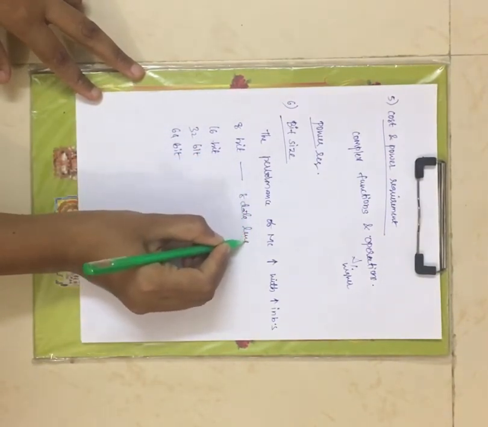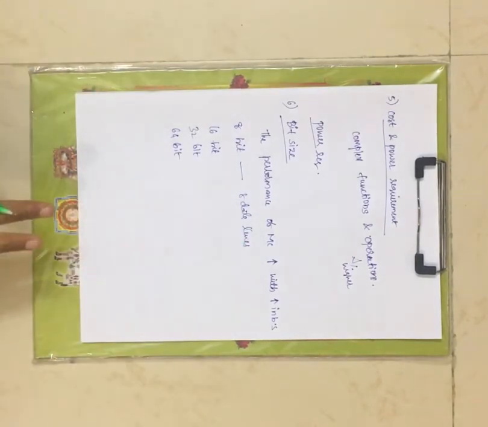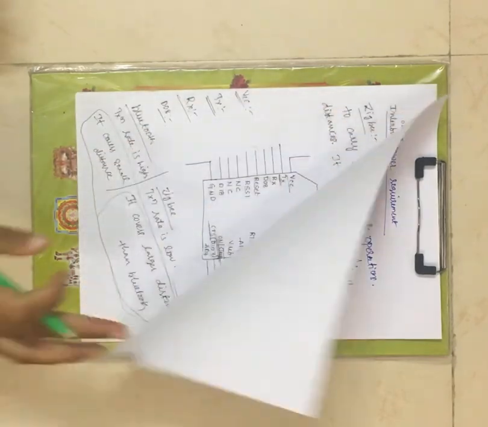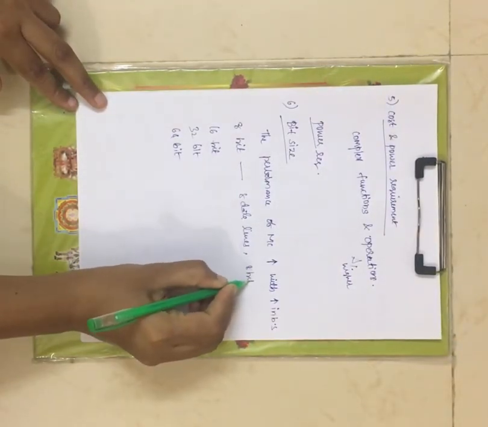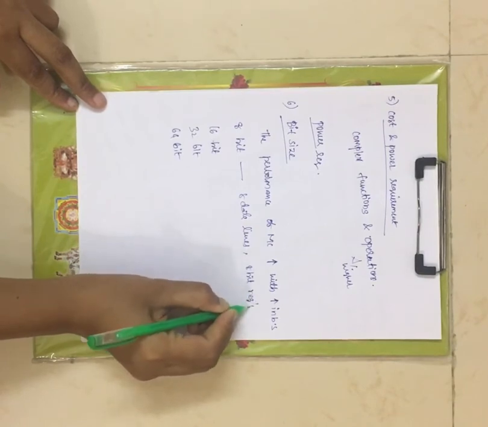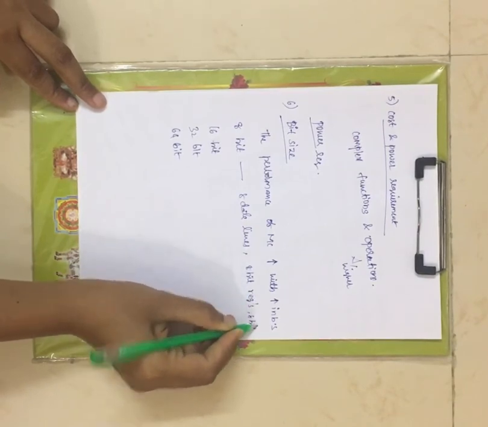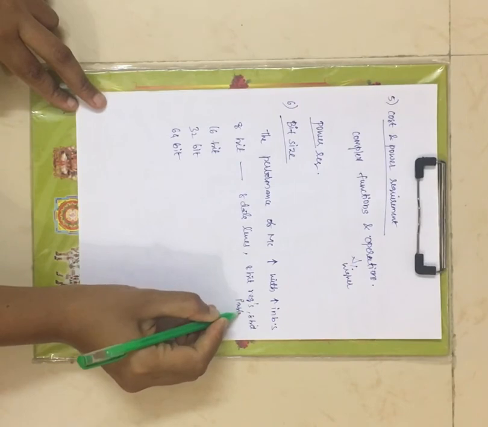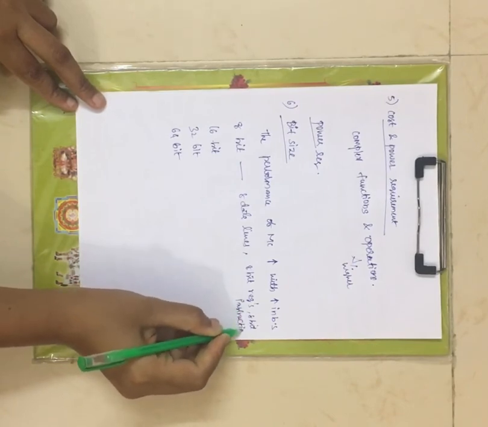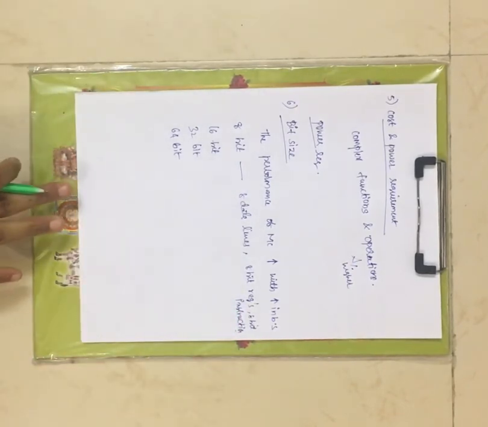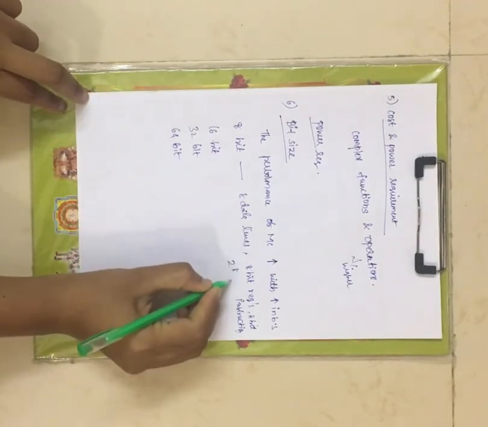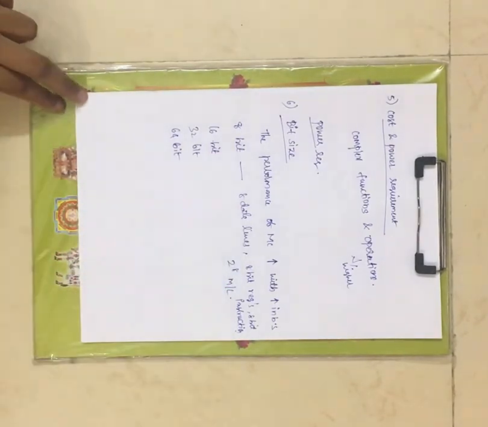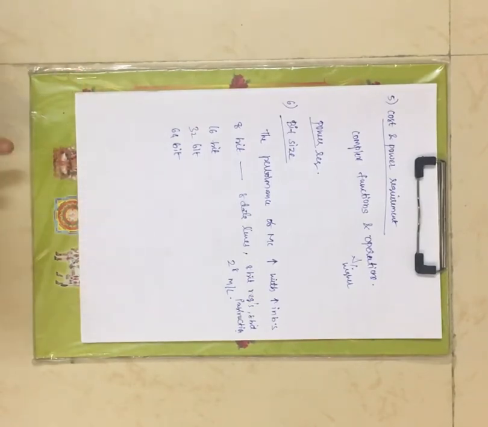An 8-bit microcontroller will be having 8 data lines, 8-bit registers, and an 8-bit instruction set, and 2 power 8 memory locations, right?